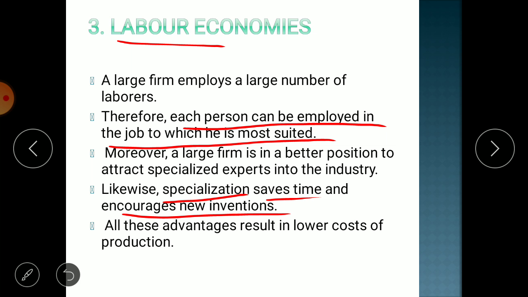If you work in a job for which you don't have any interest, you will never think about the job when the job is over. Secondly, there will be no creativity because you don't have interest. Due to that reason, in a sole proprietorship, the persons are not interested, they are working inefficiently. That is why they take much time in performing a job, so their cost of production increases.